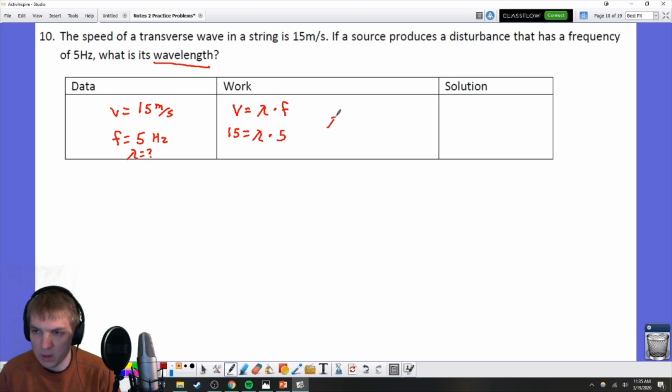Therefore, wavelength is going to equal 15 divided by 5. And so my wavelength is going to be 3. And then you might ask yourself, well, what's the unit? Since the velocity was measured in meters per second and frequency is measured in cycles per second, the seconds cancel out so that you have a wavelength of 3 meters, and that's what's left over. So that's practice problem number 10.